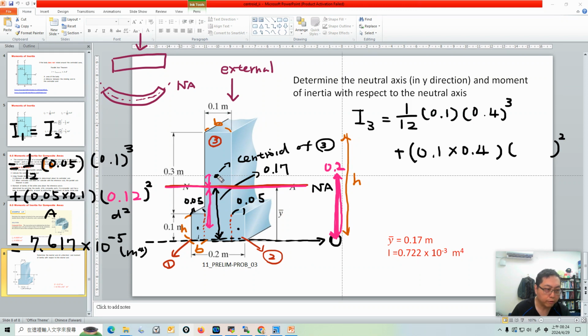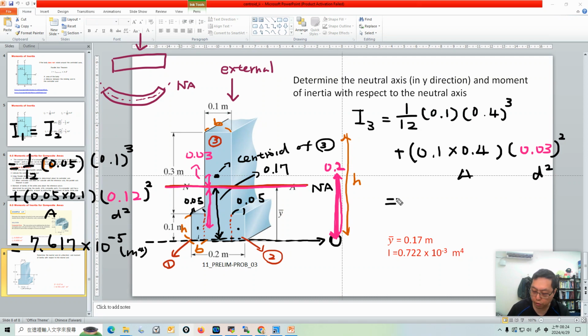And now the neutral axis, the Y neutral axis, is 0.17 meter higher than the base. Because this is the centroid of 3, and the height of the centroid of 3 is 0.2 based on this coordinate, the small distance here is 0.03. So be careful. This is 0.03, and this is your A D squared.